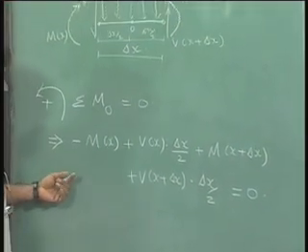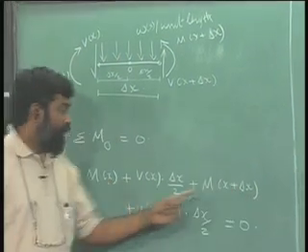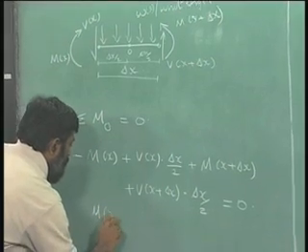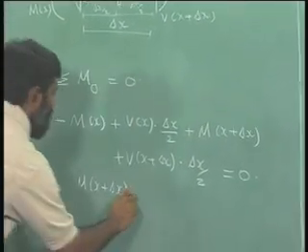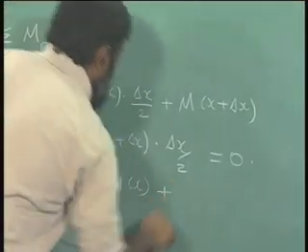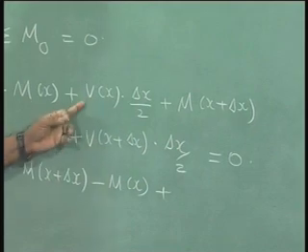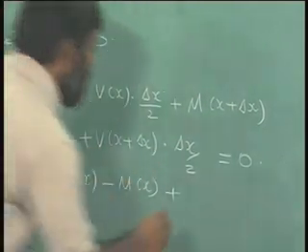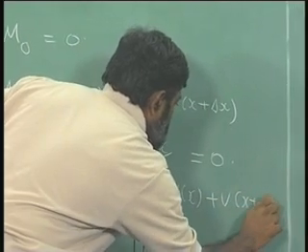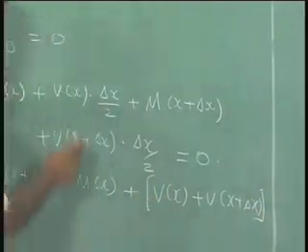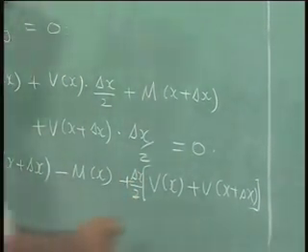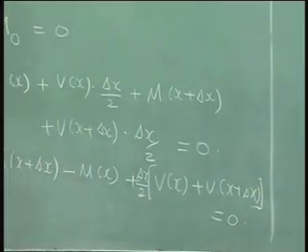Notice that we have M of x plus delta x minus M of x. So, let us write it down, M of x plus delta x minus M of x, okay, plus V of x plus V of x plus delta x, both multiplied by delta x by 2 is equal to 0, right.